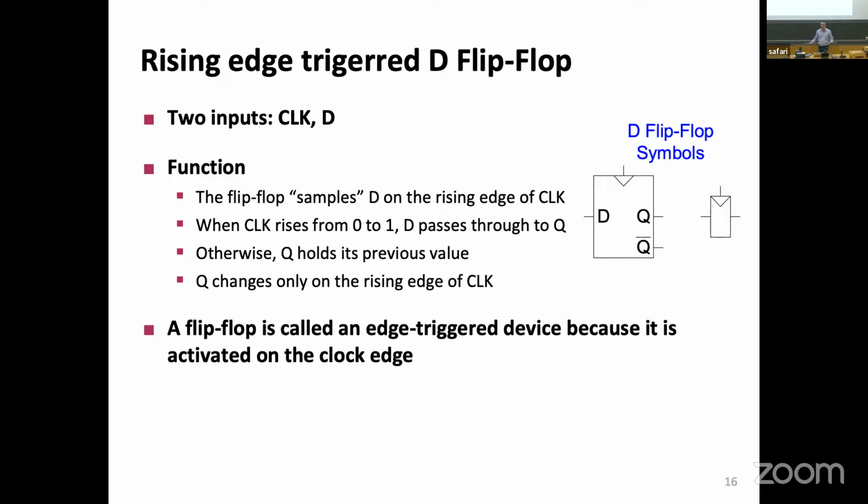And people have realized that it might be simpler if instead of this guy having one state where it memorizes and one state where it is completely like a wire, let's have something that can memorize at an instant, not during the entire time the clock is 1, but at the time where clock rises to 1 or just falls.